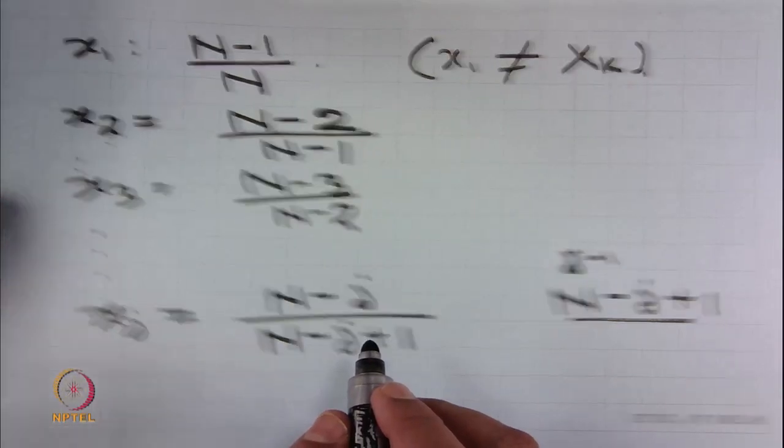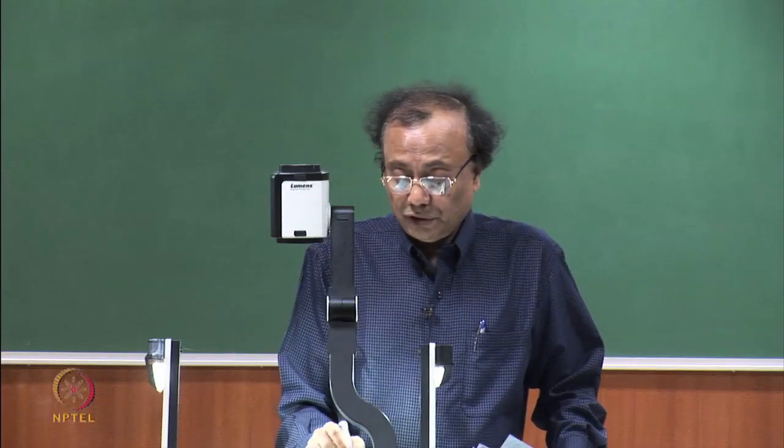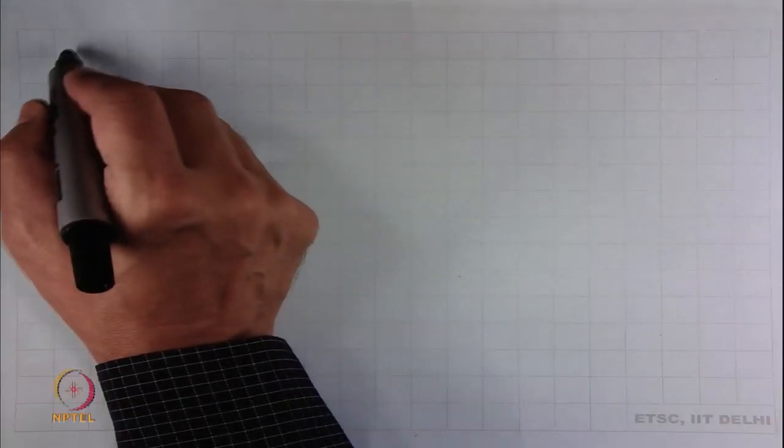Therefore, what we are getting is that we have not chosen x k till the jth sample.